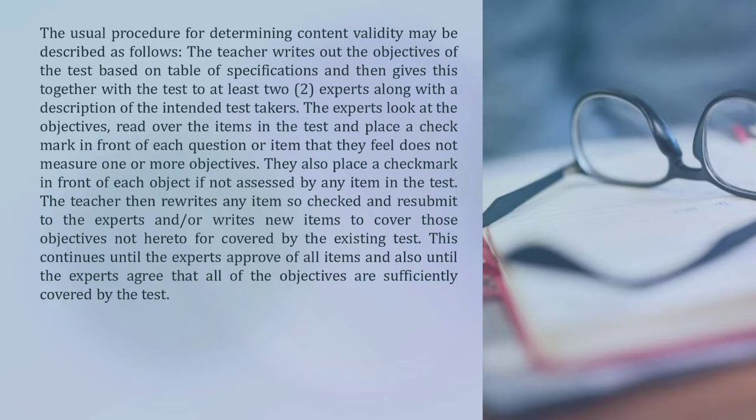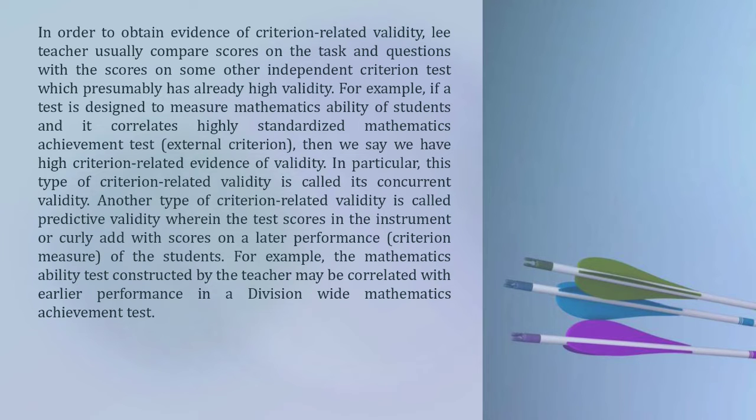They also place a check mark in front of each objective not assessed by any item in the test. The teacher then rewrites any items so checked and resubmits them to the experts, and writes new items to cover those objectives not heretofore covered by the existing test. This continues until the experts approve all the items and also agree that all of the objectives are sufficiently covered by the test.